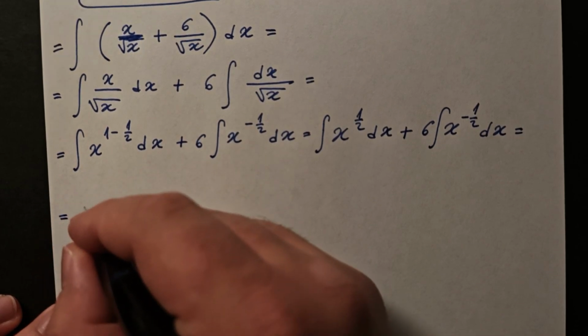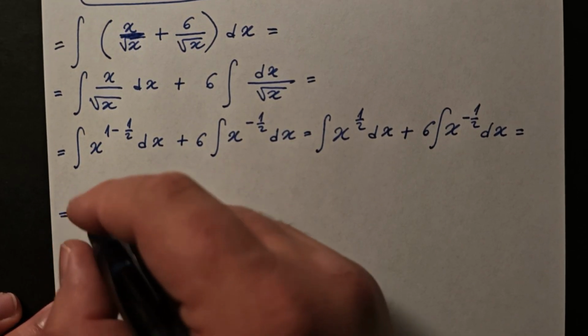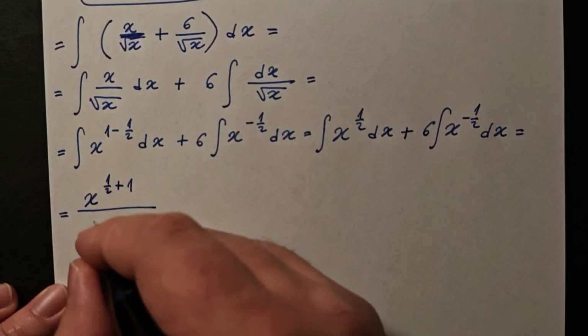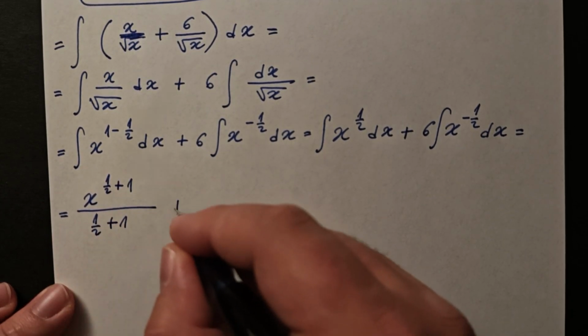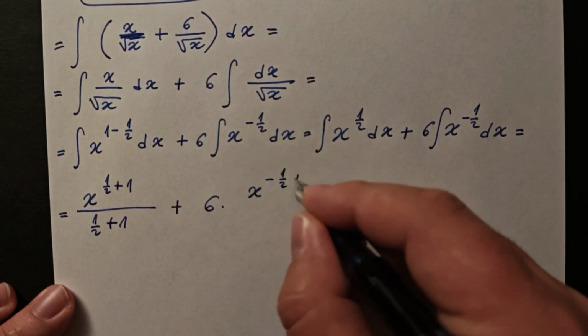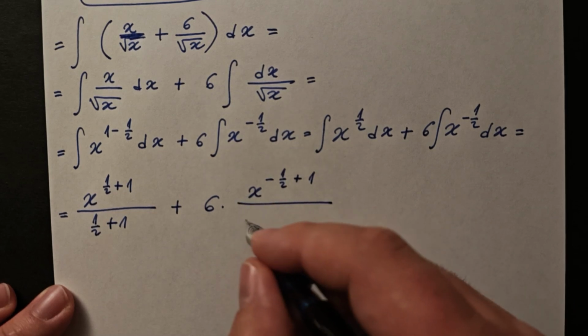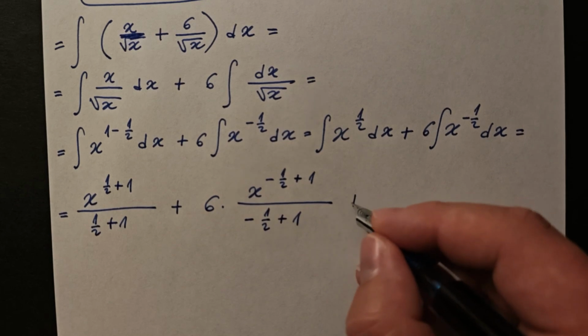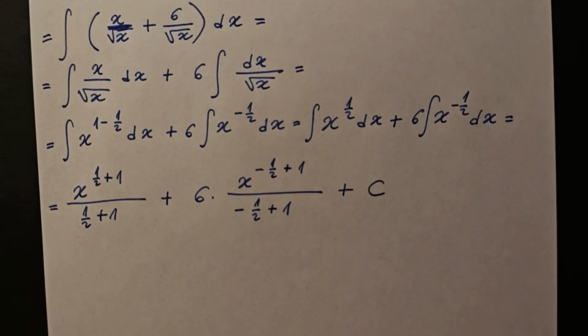So by using the power rule, this is equal to x to the power of 1/2 plus 1 divided by 1/2 plus 1, plus 6 multiplied by x to the power negative 1/2 plus 1 divided by negative 1/2 plus 1, and plus the famous constant c.